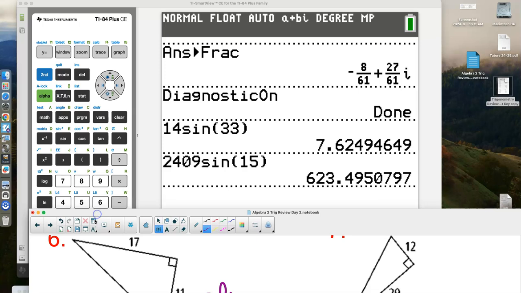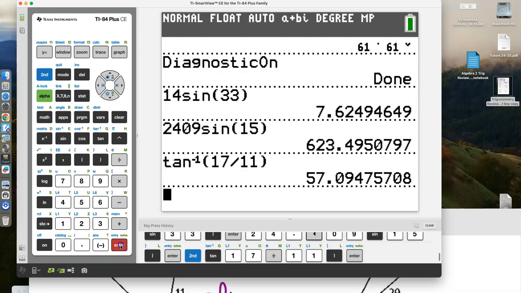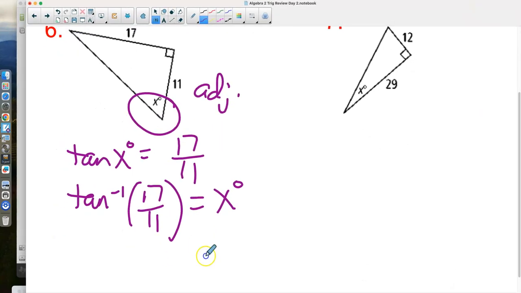Better punch that one up here on the video. So second tangent, then we had 17 divided by 11, 57.1. Now, this is really important. We need to put this little bubble up here for our label, because that bubble is the degree bubble.